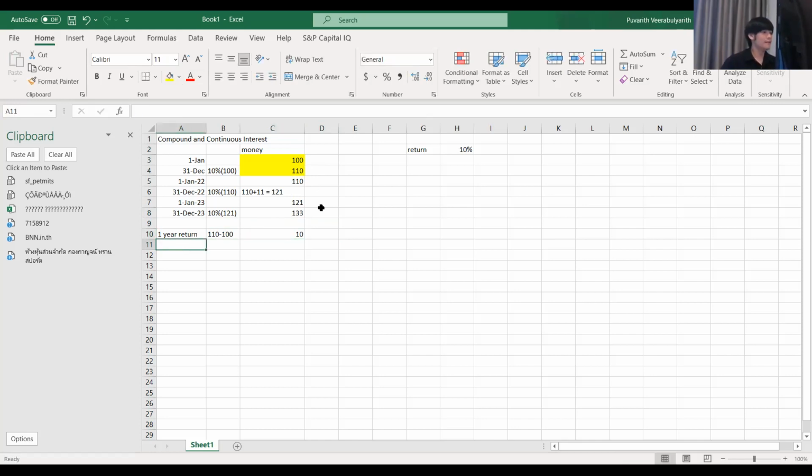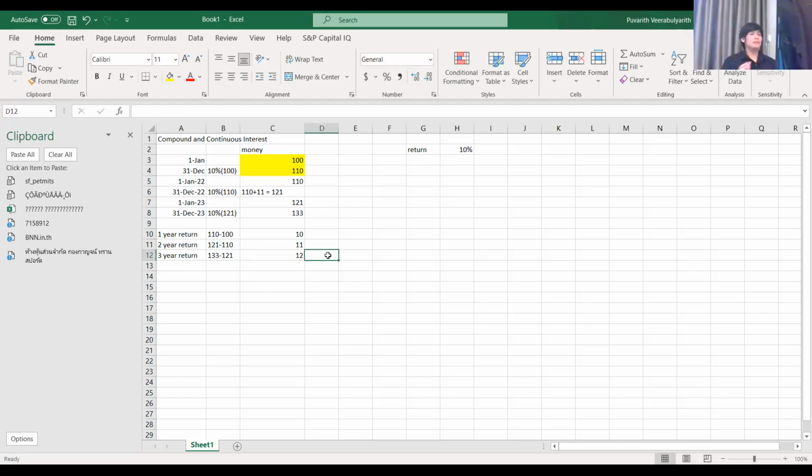So then our second year return, we have 121 from 110. So our return is 11 baht. And the third year return, we have 133 from the 121. And this is 12 baht.